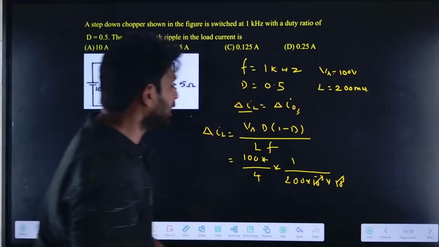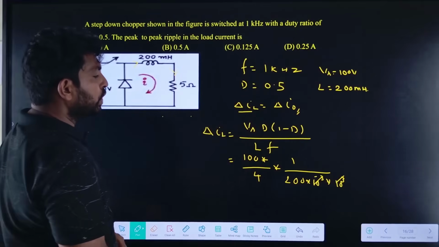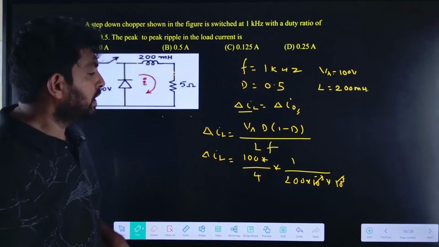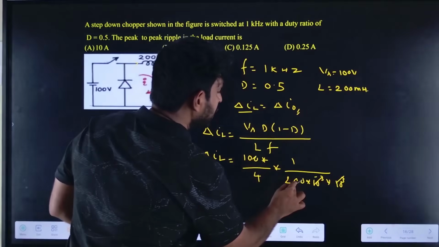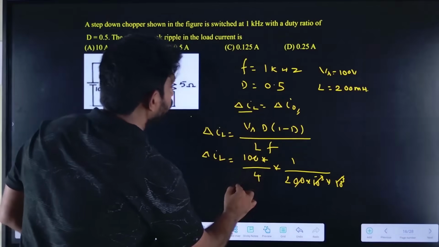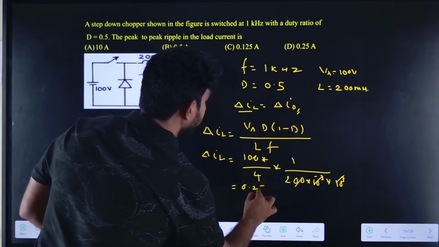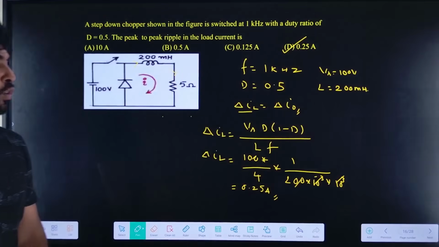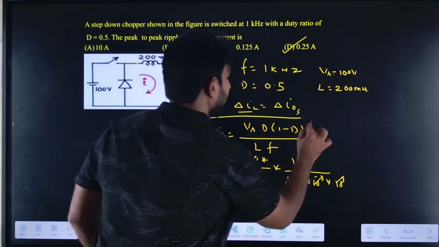These two will get cancelled out. So 1 by 4 is 0.25 ampere, right? So delta IL equal to 0.25 amperes. A direct formula you can apply.